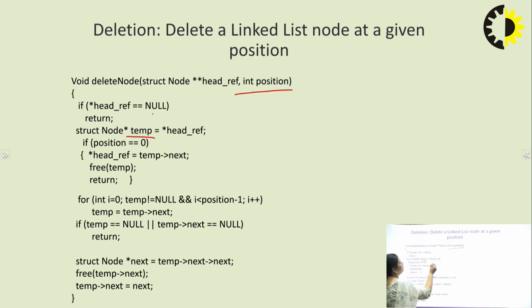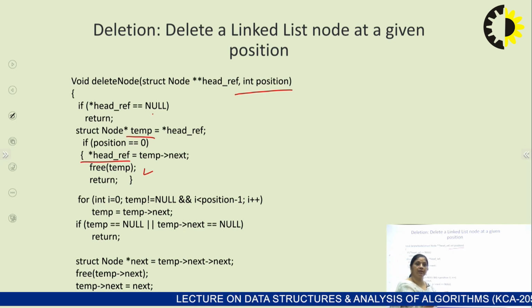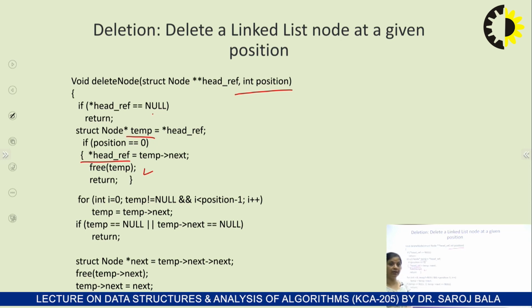Now if we have to delete the first node, then simply head ref will be changed to temp next and temp will be freed. It means the first allocated node has been deleted. Otherwise, we will go to that particular location.